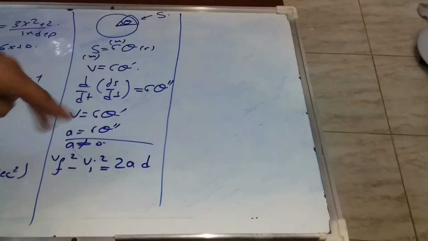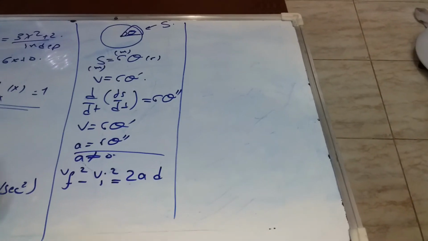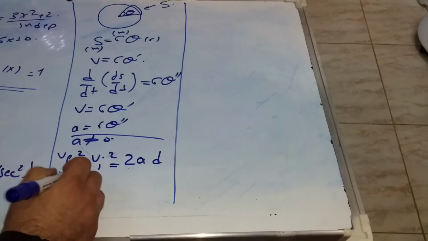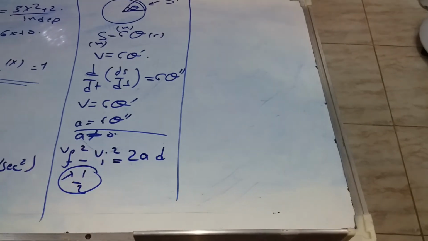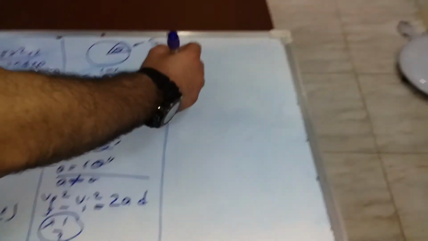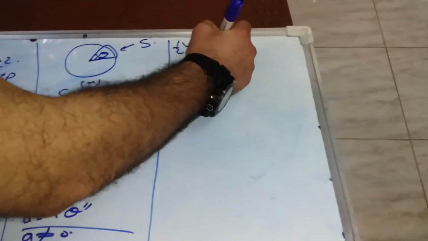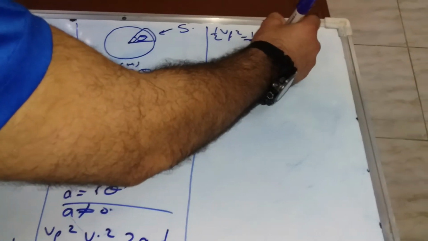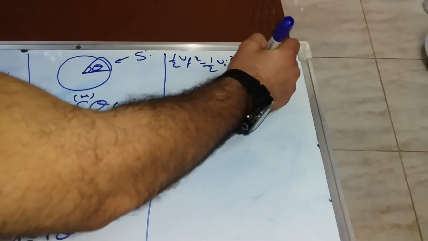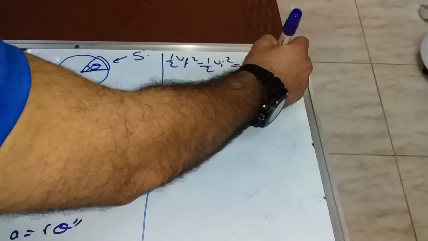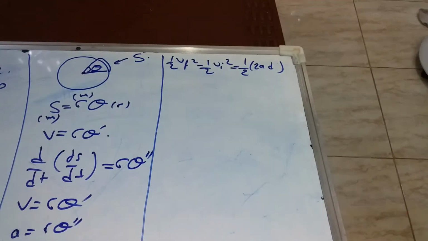So if we multiply both sides of this equation by half, then we get what follows. We get half v final squared minus half v initial squared equal to half multiplied by 2a multiplied by d.